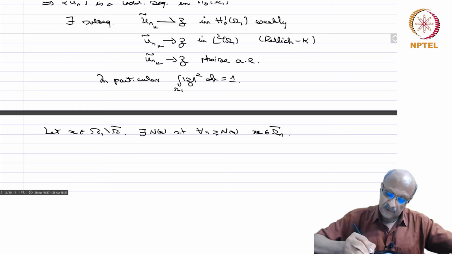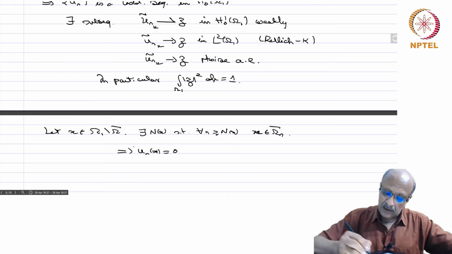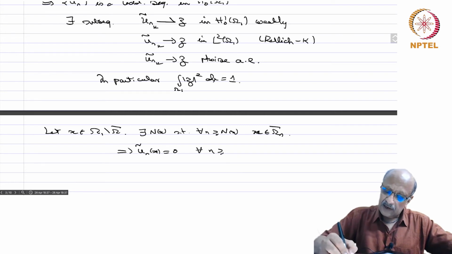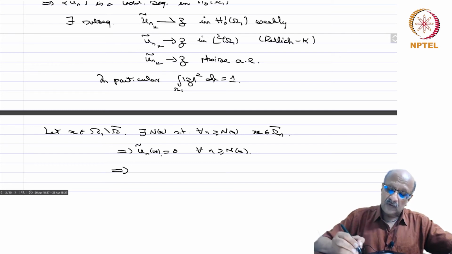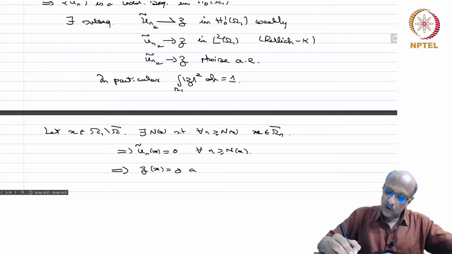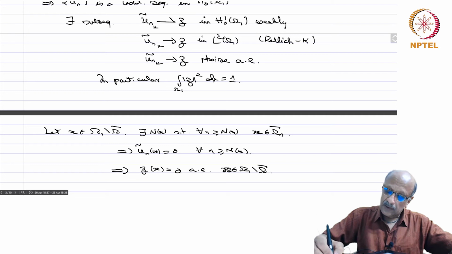Therefore, u_n tilde of x equals 0 for all n greater or equal to n_x. And since u_{n_k} tilde converges to z pointwise, this implies that z of x equals 0 almost everywhere for x in Omega_1 minus Omega bar.